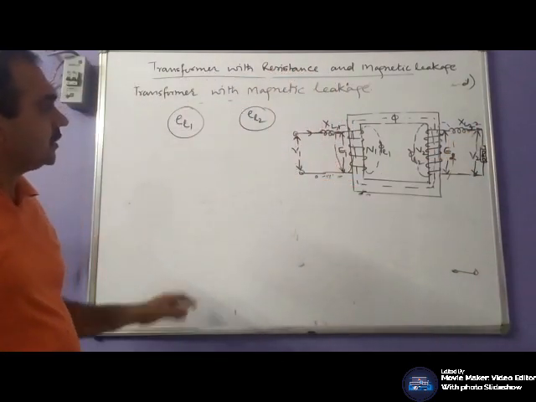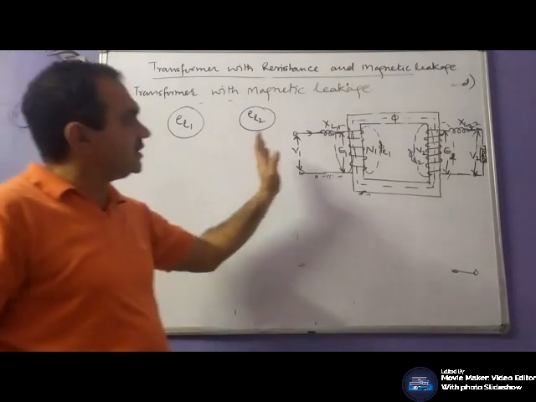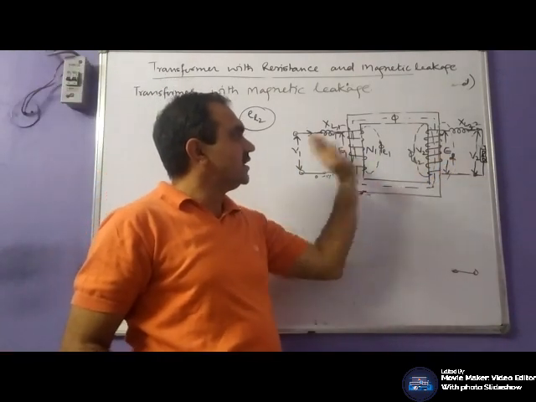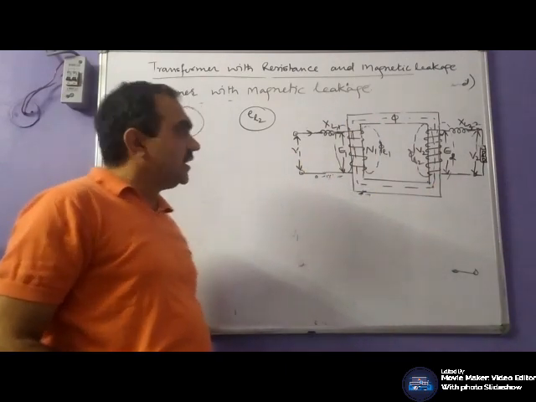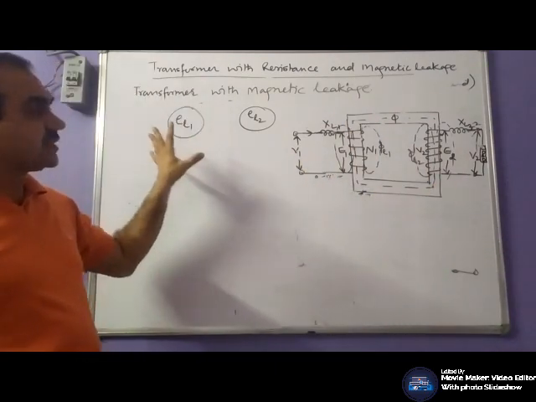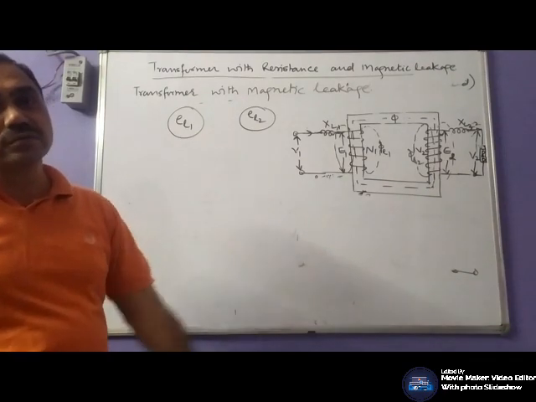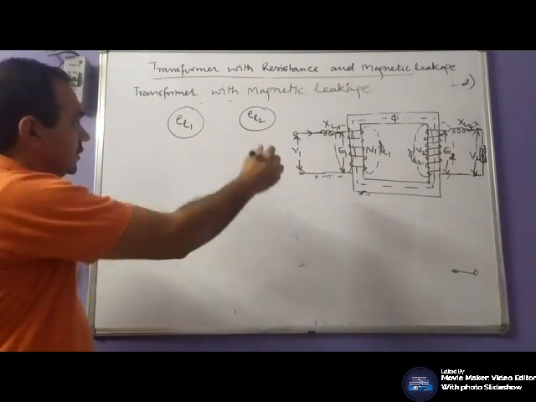Now, likewise, as we transferred resistances on either side, we can transfer these reactances on either side in such a way that the percentage of voltage drop remains the same.